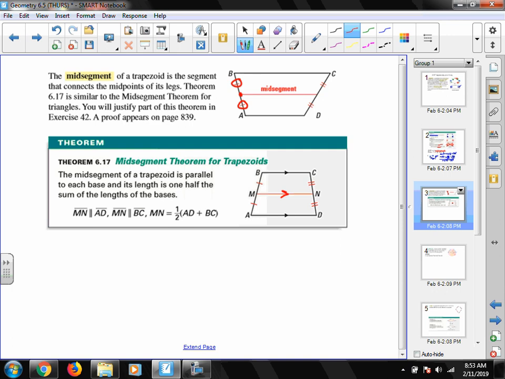And it is going to be the average of those two bases. So add those two bases together and divide it by 2. So you think about finding the midpoint of numbers. Okay, you're just finding your average there. Add them together, divide by 2. Same thing here with your mid-segment.